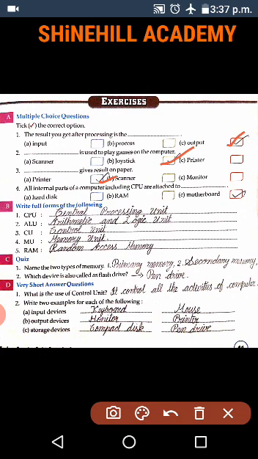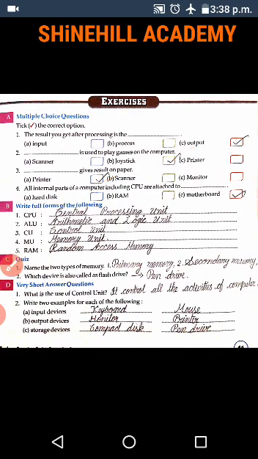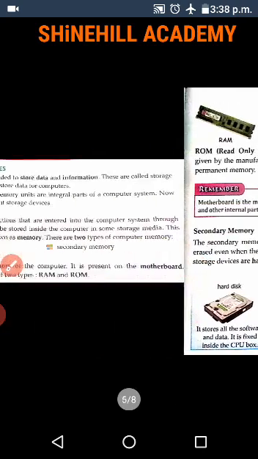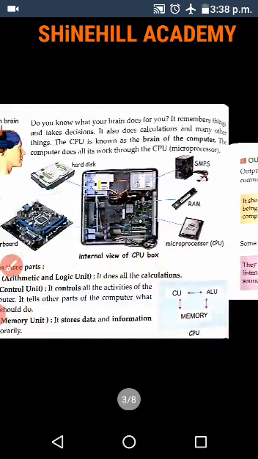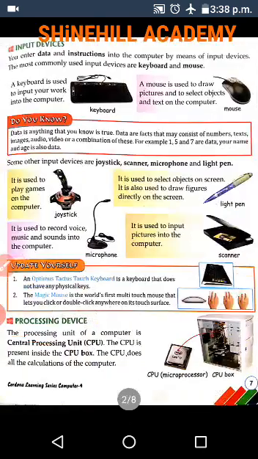Second question, write two examples of each of the following. First one, input device. I write keyboard and mouse. If you want to write anything else, you can write other input devices like joystick, light pen, microphone, scanner, anything.